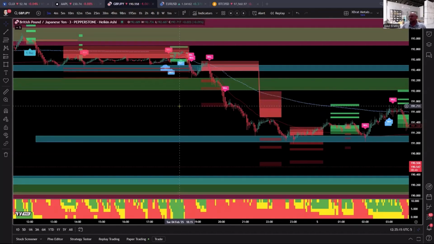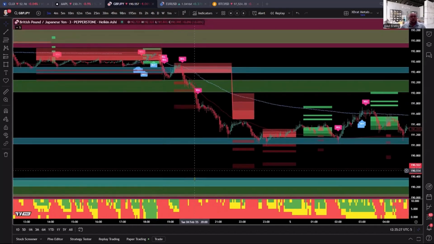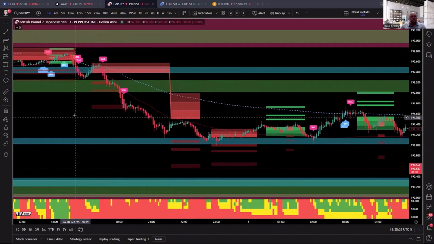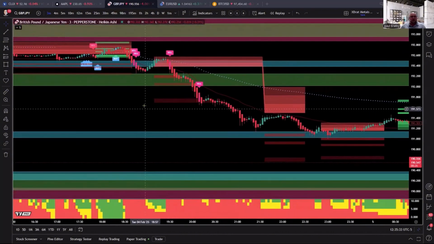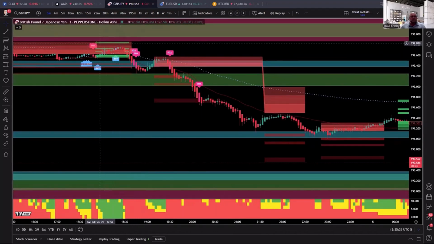So Japanese yen gives you a clue. Asian session, okay? Or the start of the Asian session, going into that, so the British stroke European session as well.